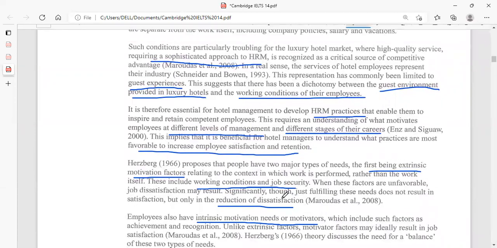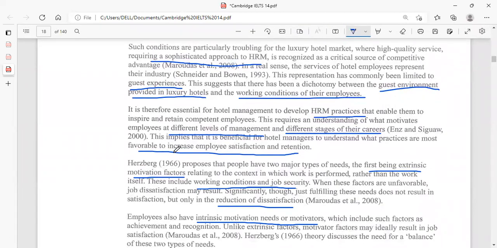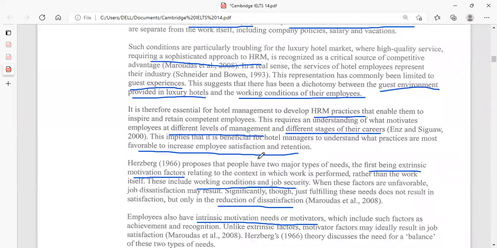This implies that it is beneficial for hotel managers to understand what practices are most favorable to increase employee satisfaction and retention. Clear? So this was said by E and S.